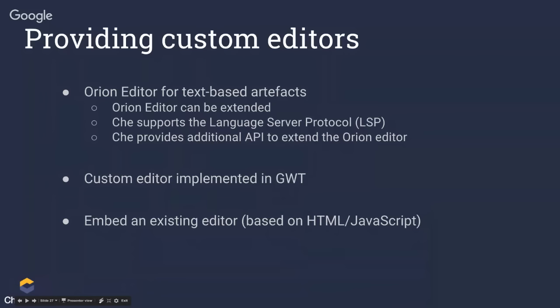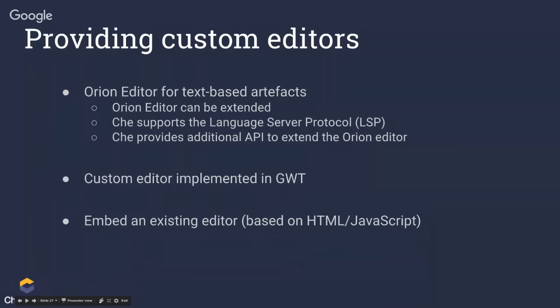And as Che, the IDE at the end of the day, is a browser application, that's possible, and it's even well supported. And that enables us to use any existing UI component which you can embed and which is based on HTML and JavaScript. So the third choice is the one that we took, and let's have a more detailed look at that one.